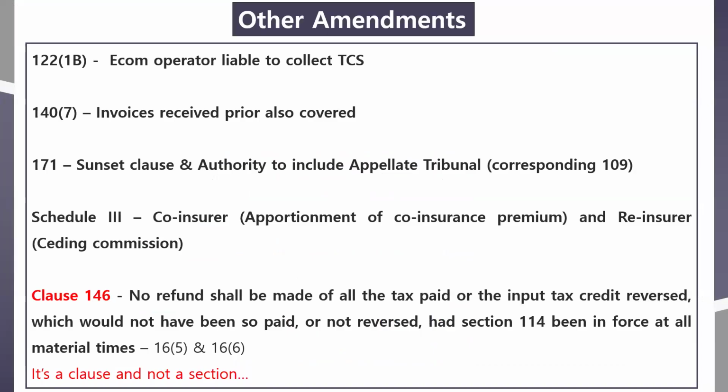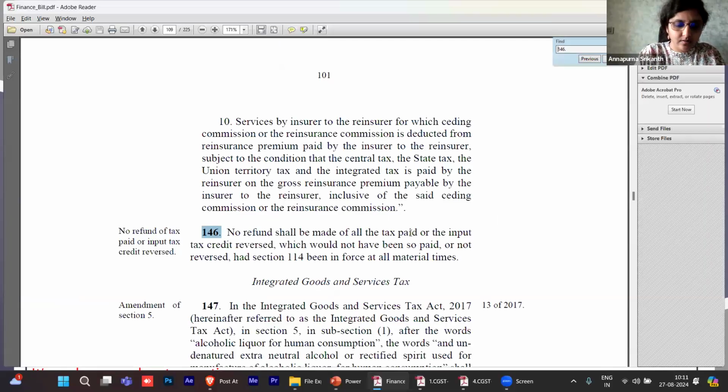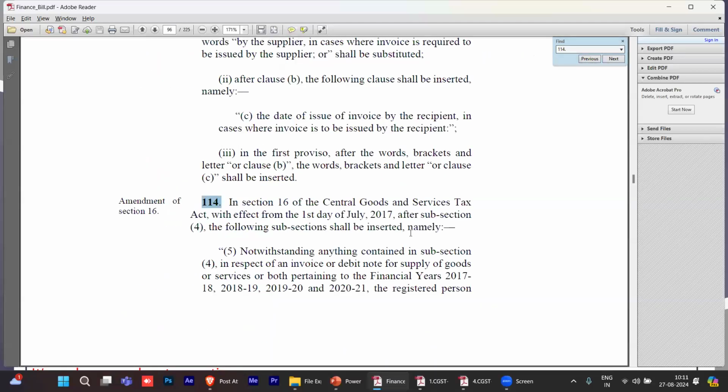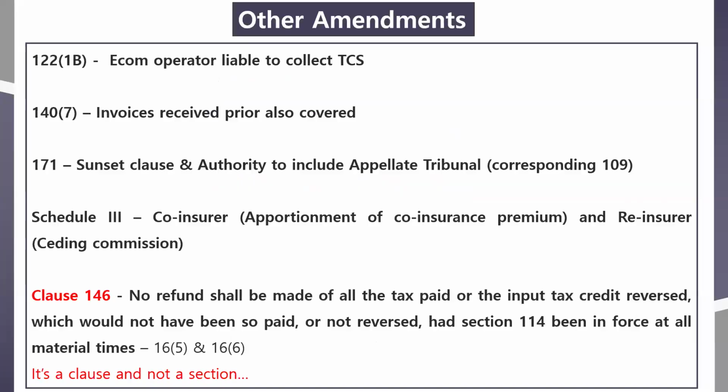This is a special provision consequent to section 128A. Is it not 114, sir? 114, 16(4). Yes, sir. Because they're giving a retrospective effect, you cannot take the benefit of that retrospective amendment and claim refund. It is there still as a part of the Finance Act only.